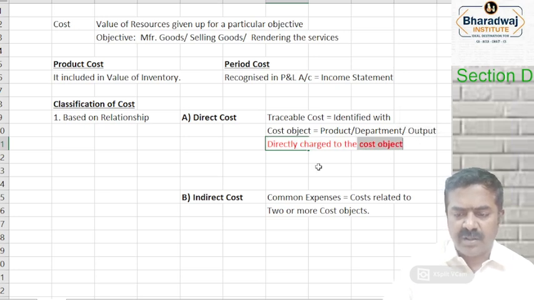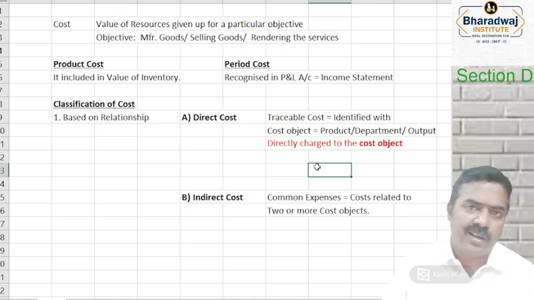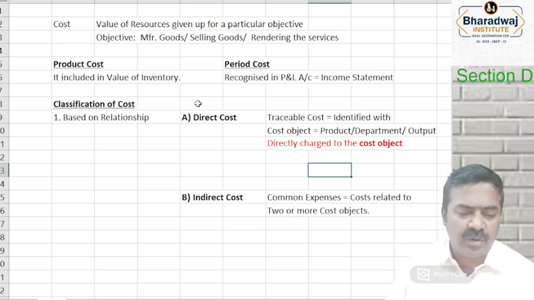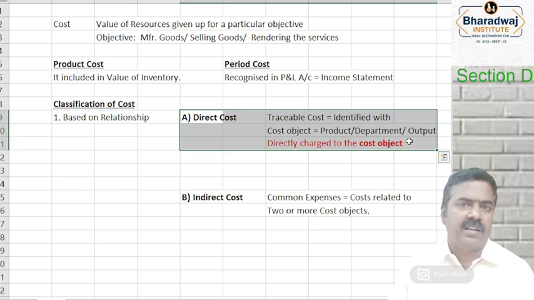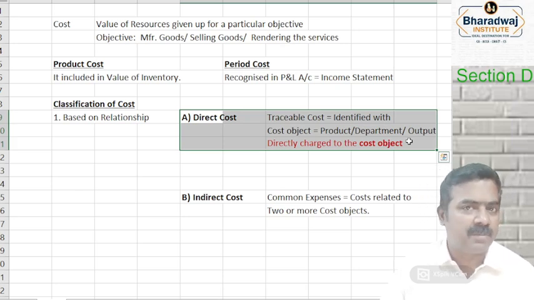For example, let us take a college. There are different departments like computer science, commerce, electronic science, physics, chemistry, botany, zoology, like that. If you look at the direct cost, the lecturer's salary is a direct cost that is directly charged to the cost object. What is the cost object? The department.